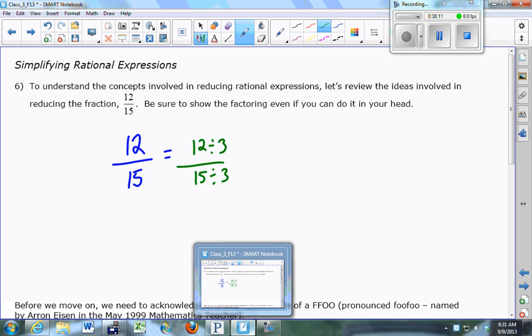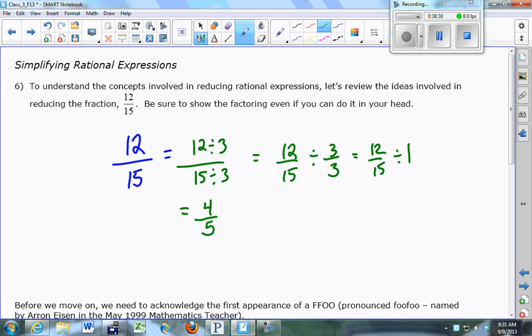Doing the same thing to the top and bottom, but really what I'm doing, folks, is I'm dividing by 3 divided by 3, which is 1. And you're allowed to divide a number by 1 without affecting its value. So if I take 12 and divide it by 3, I get the number 4. And if I take 15 and divide it by 3, I get the number 5. So we consider this reduced to lowest terms.